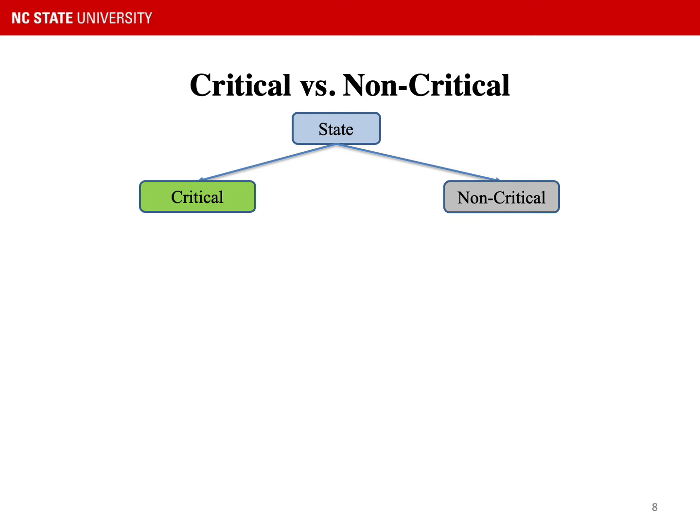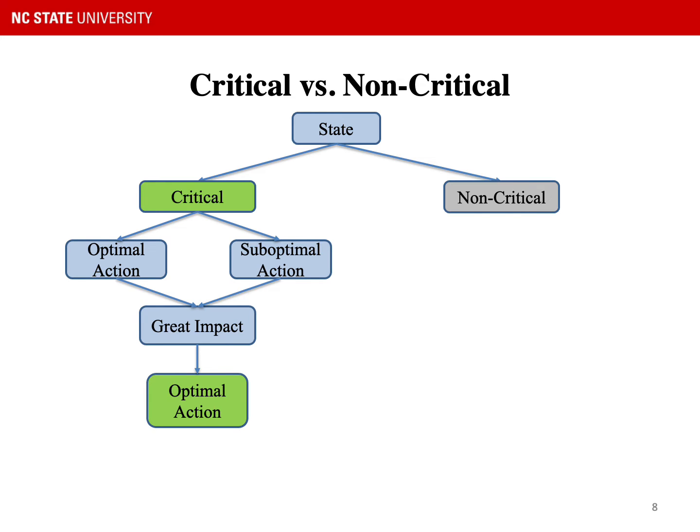We can visualize the problem in this graph. First, any given state can be critical or non-critical. If the state is critical, then there are two types of actions on it: optimal action or suboptimal action. Based on our definition, on a critical state, choosing different actions will have great impact on the final outcome.